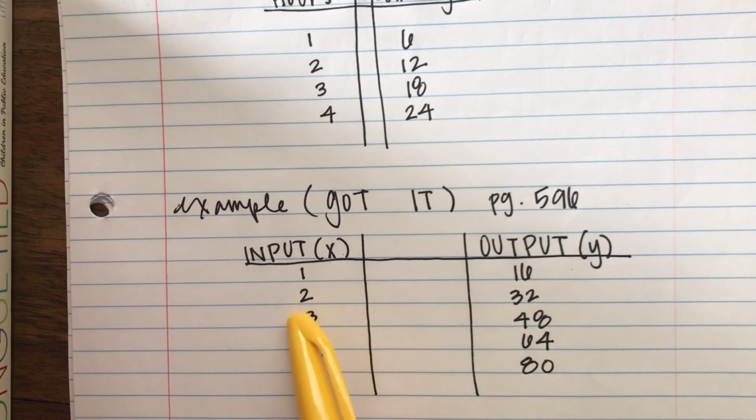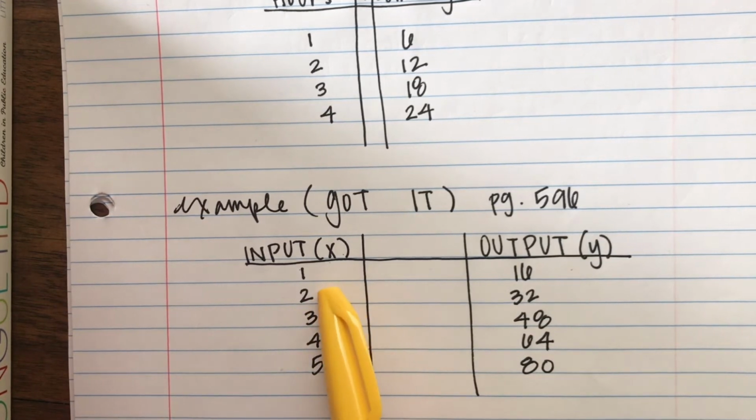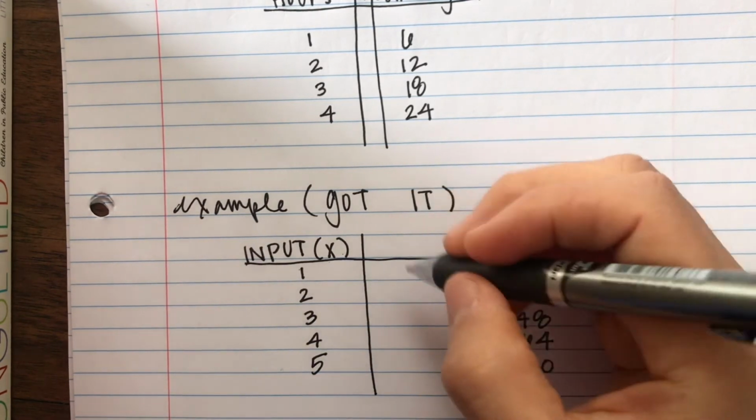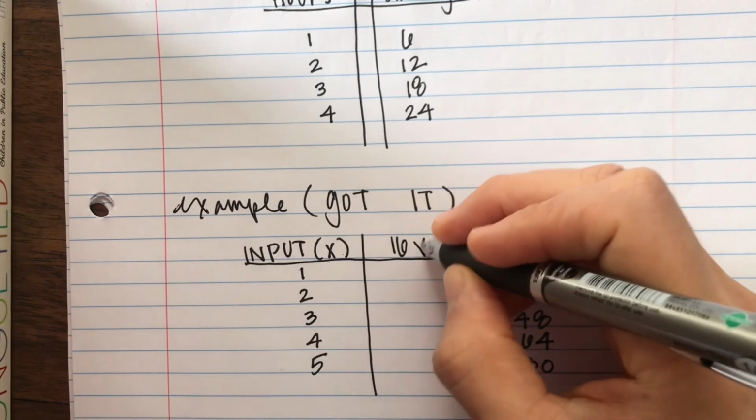Let's go back. If I do 2 plus 15, will that give me 32? No, so that's not an option. Can I do 3 times 16 and would that give me 48? Yes. 4 times 16 would give me 64 and 5 times 16 would give me 80. So I could say that the function is 16x, right?